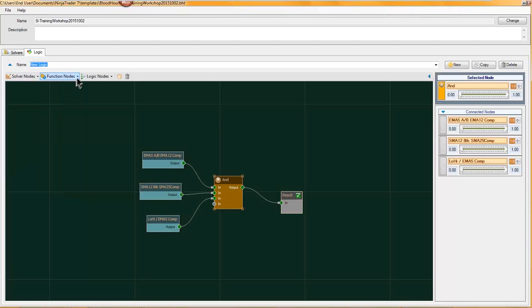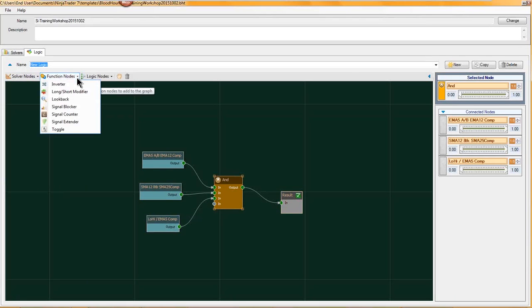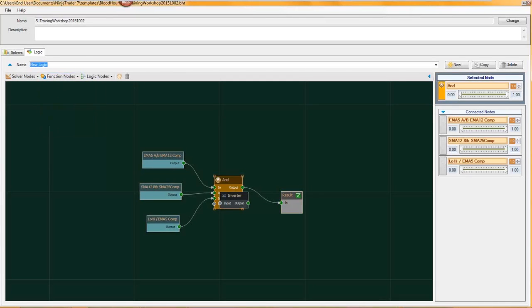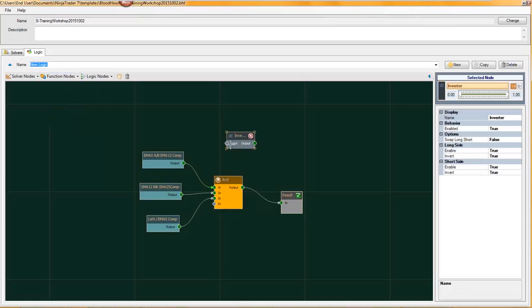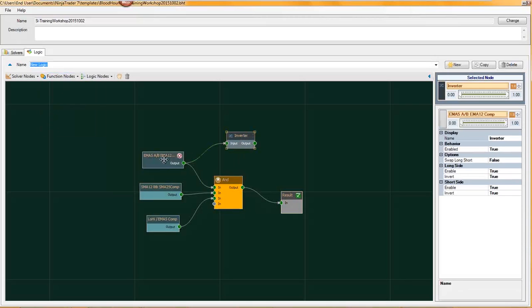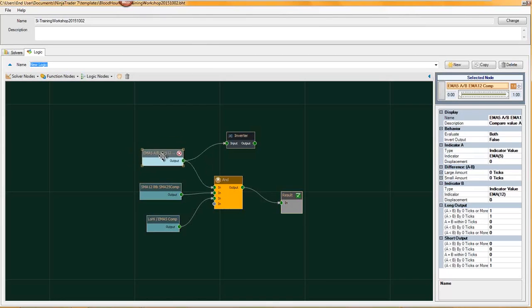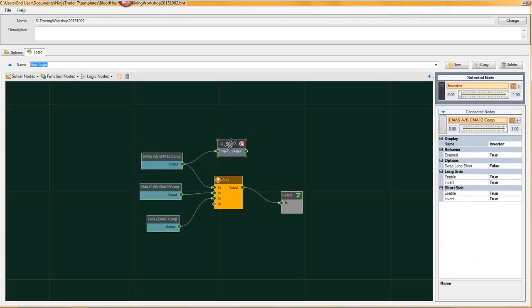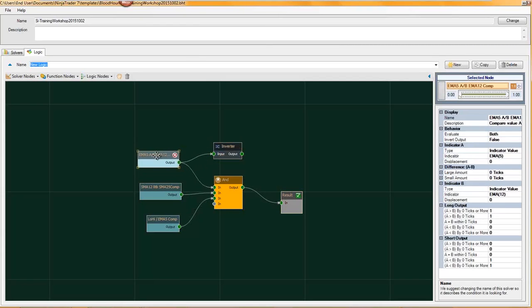Now function nodes. These don't work with indicators, but what they do is manipulate the signal. Like this inverter, it's going to do exactly what it says. I can take the signals coming out of this comparison solver and invert those signals, right? So it's manipulating the signals coming out of this solver.